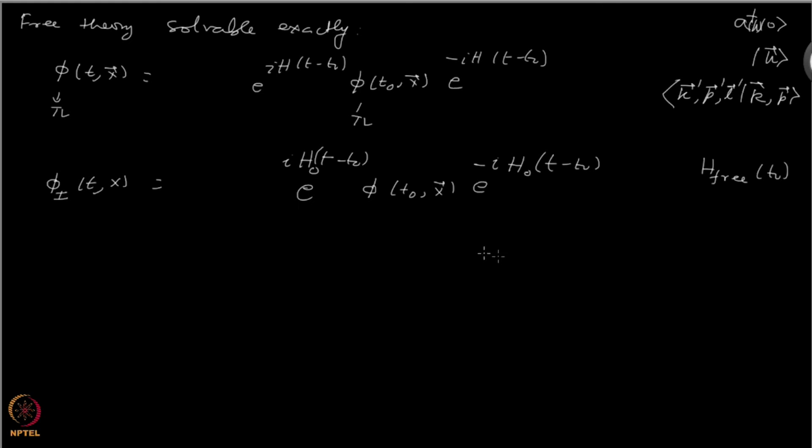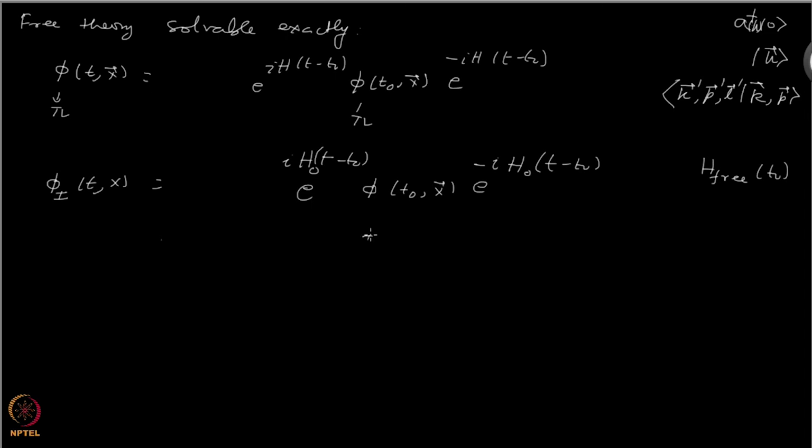Now, the reason I do it is because this will be useful, and the reason it will be useful is because I am starting to construct things in terms of free theory. This evolution is in terms of free theory, and similarly I construct another quantity in the following manner.